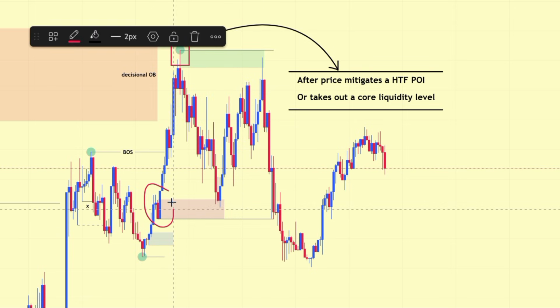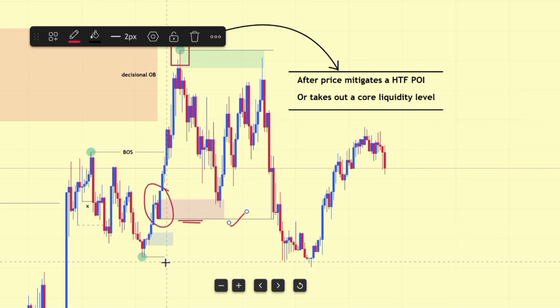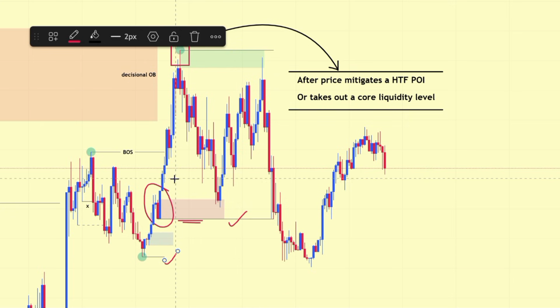So we can clearly see exactly right here that this one here is the recently formed valid pullback. So this means that of course the low here is the inducement, and that's the reason why we call this the inducement liquidity. Okay, I know this one here is a minor inducement, and of course this external low in this case will be the major inducement, but in this case we focus on the recently formed valid pullback, and we can clearly see this is not a valid pullback.